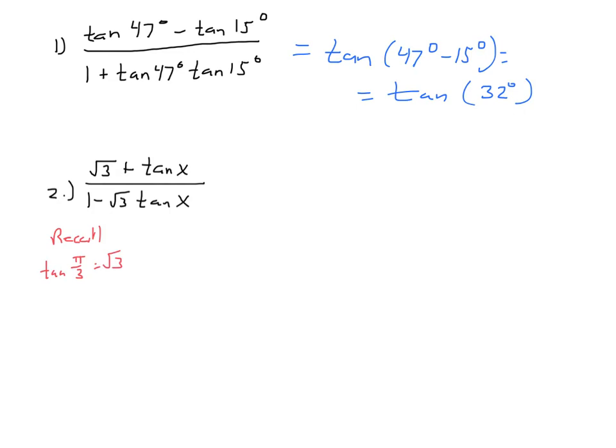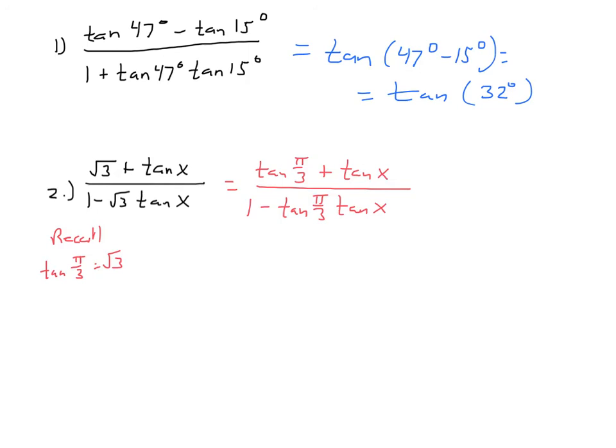That's from the unit circle. So I can think of this as the tangent of pi over 3 plus the tangent of x over 1 minus the tangent of pi over 3 times the tangent of x.